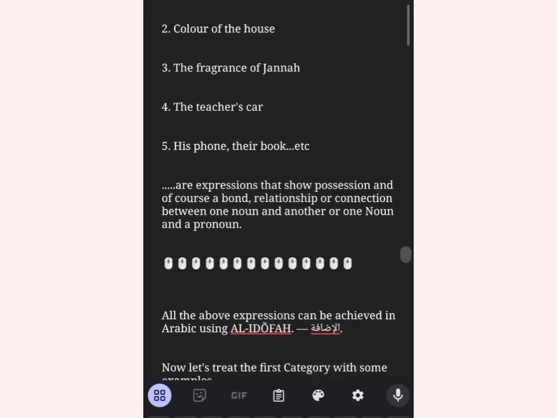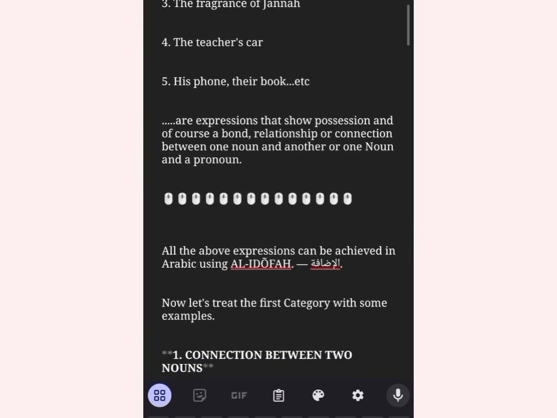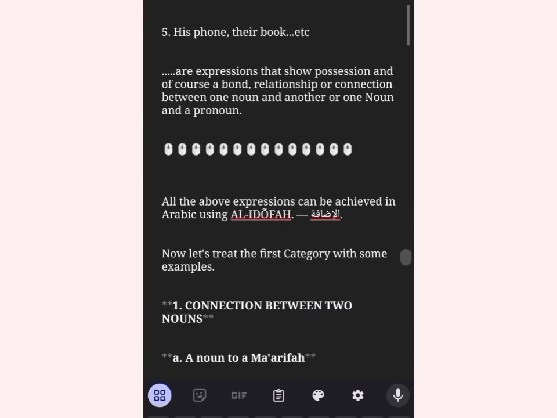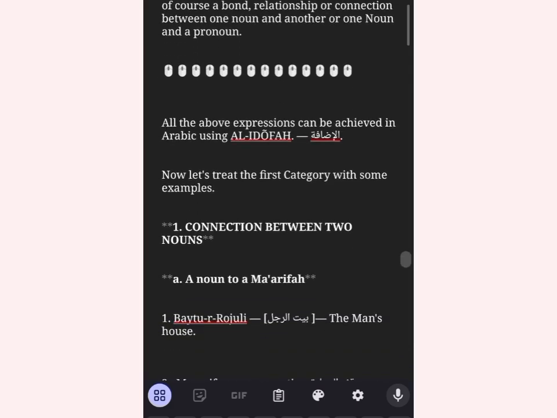Since we're going to be learning the connection between a noun and a ma'rifah, we'll look at all of these kinds of expressions and how we can put them together in Arabic. Now let's look at connection between 2 nouns, a noun and a ma'rifah noun.